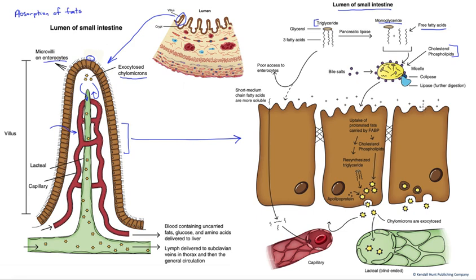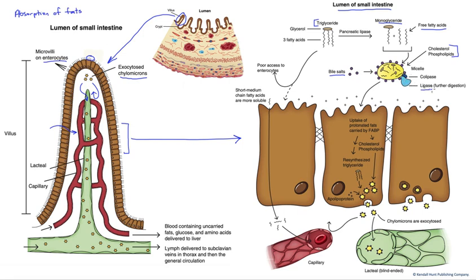Now remember, the fats are lipophilic. They're going to tend to cluster together into big droplets, so we have to emulsify them. That's where the bile salts came in. Those were produced by the liver and released from the gallbladder in response to the food in the small intestine. So we have our fats being solubilized by the bile salts, but they need further breakdown, and so our pancreatic lipase needs to access those fats to continue their breakdown.